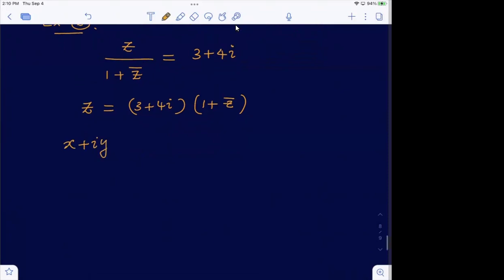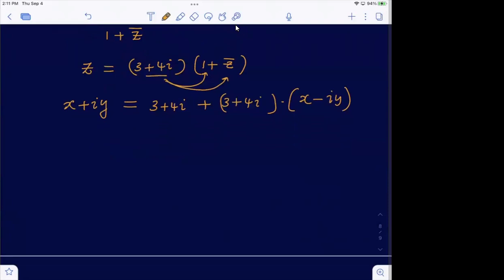So x plus iy, and then when you multiply this number by these two, one can see it is none other than 3 plus 4i in the first part, and then plus the product of 3 plus 4i with z bar. But z bar is none other than x minus iy. Now you can solve it for the second component.